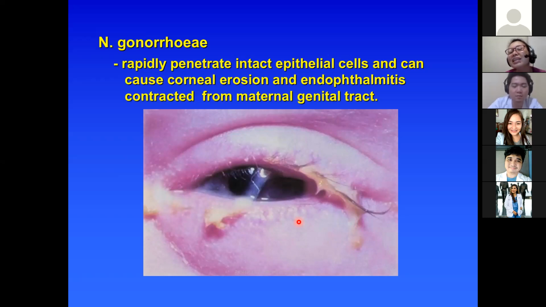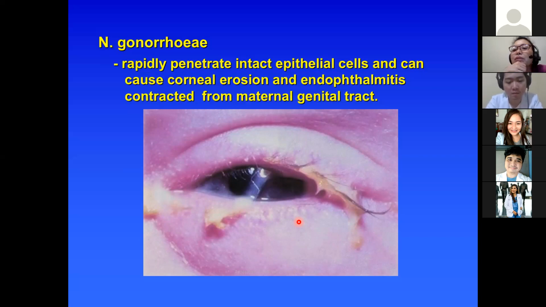The others are Listeria monocytogenes, Legionella, Moraxella, and diphtheria. There are only 5, but the most common is your Neisseria gonorrhoeae.